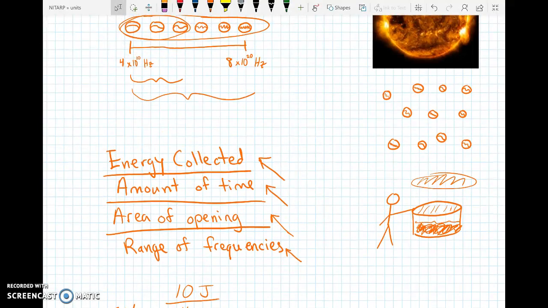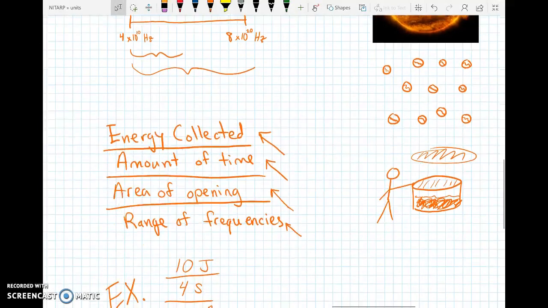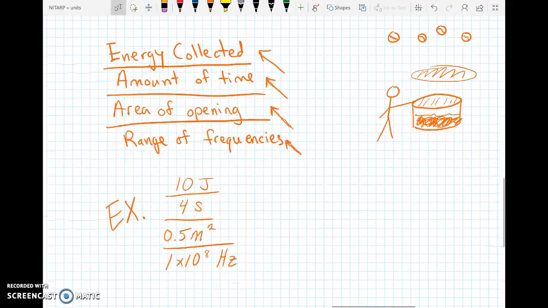So we want to know the range. So again, think of that as a window over which we're looking at the light. So we have a window of time, we have a window in terms of area, and we also have a window in terms of the frequencies of light that we're letting in.